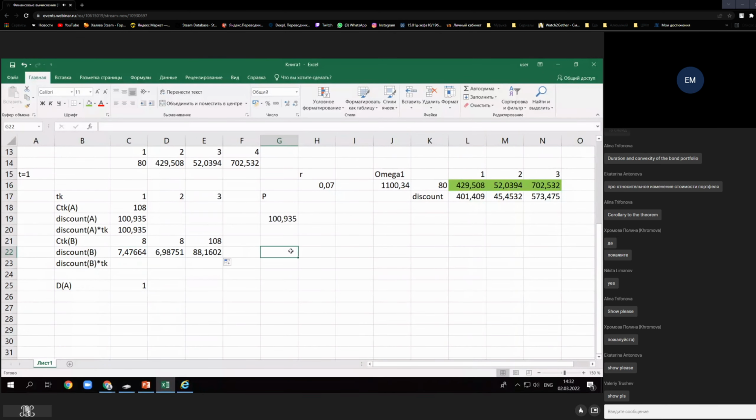To find the current price of the bond B, you should summarize the discounted cash flow. This is the new price of the bond B. Next, you should multiply these discounted payments by time.